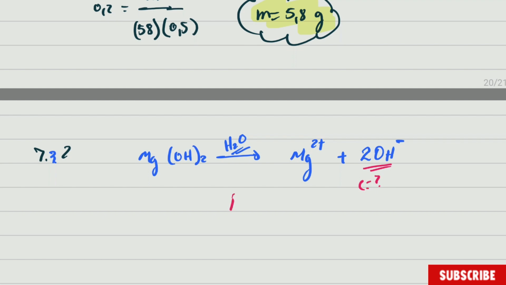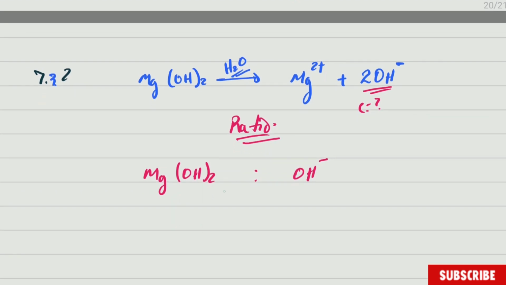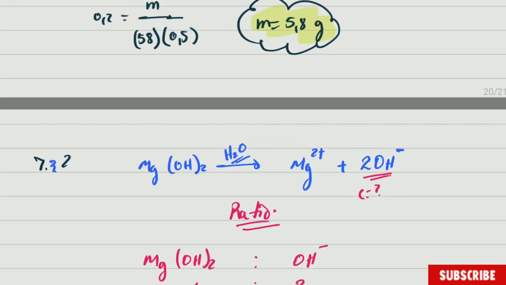Guys, all we're going to do is to use the ratio, and this is very important. The ratio of magnesium hydroxide to OH minus, you can see, is 1:2. It means that a certain concentration of this one will give you double the concentration of ions in that solution.